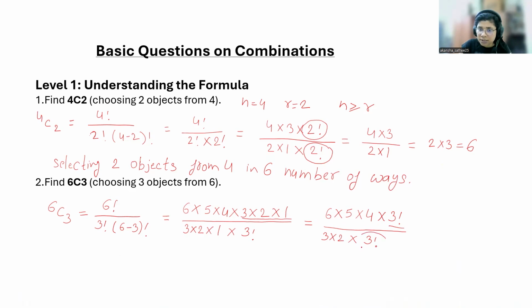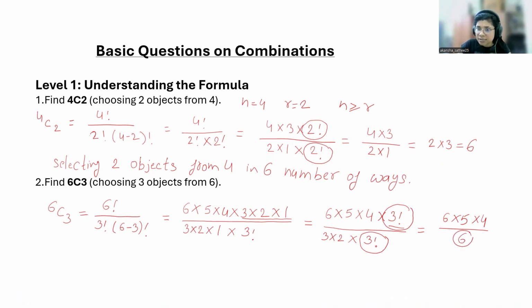But here you can see that this thing and this thing are sitting in the numerator as well as in the denominator. So, we can easily write it as 6 into 5 into 4, right? Divided by 3 into 2, which is 6, right?